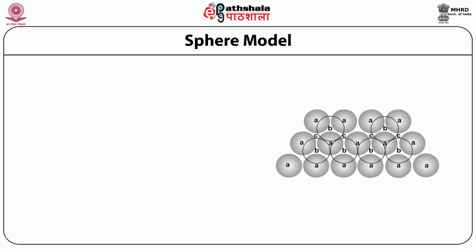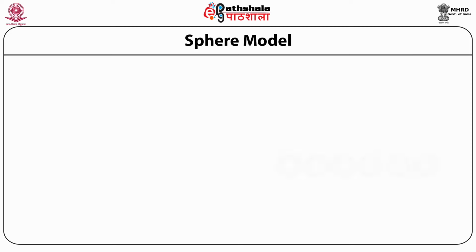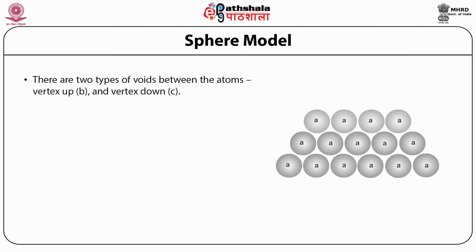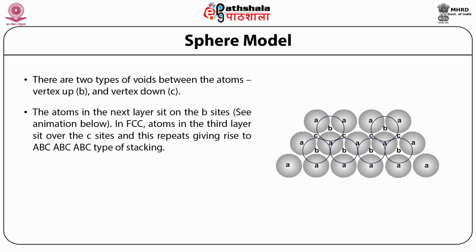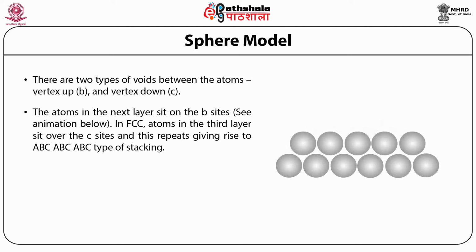Now you can see a diagram, and there are two types of voids between the atoms: vertex up, B type, and vertex down, C type. The atoms in the next layer sit on the B site.